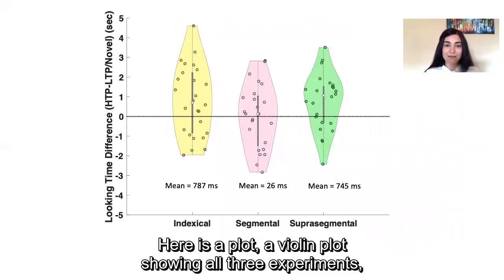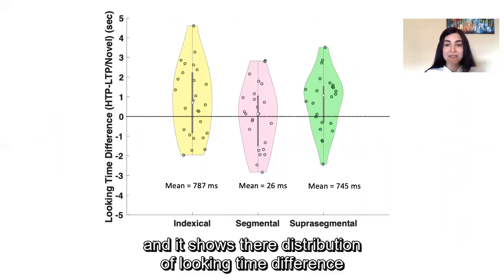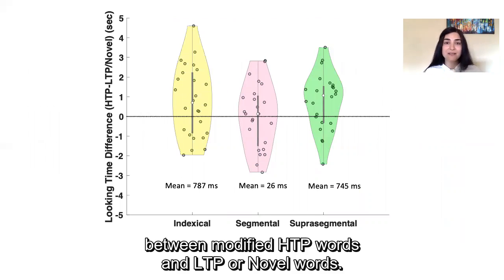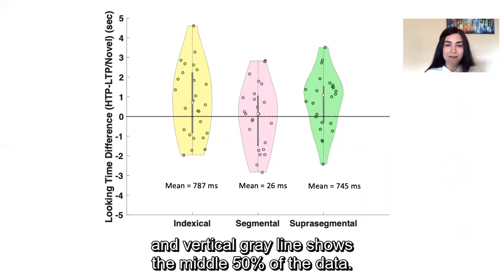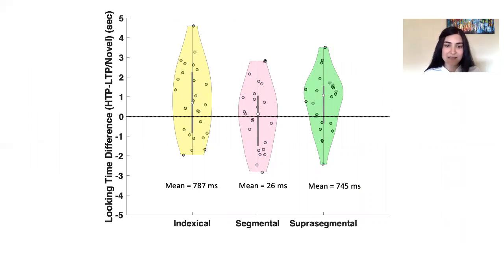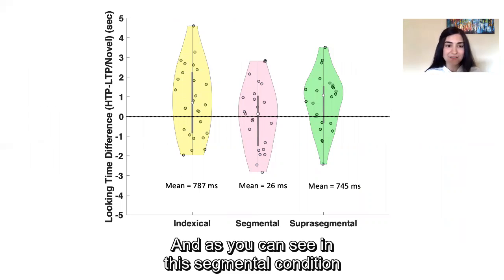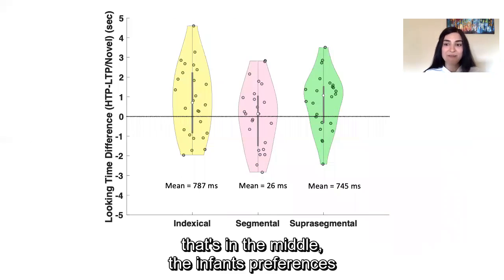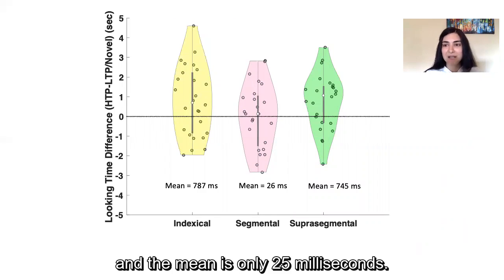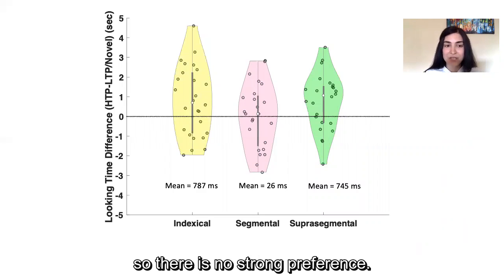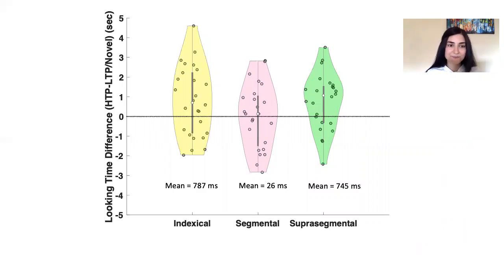Here is a violin plot showing all 3 experiments, and it shows the distribution of looking time difference between modified HTP words and LTP or novel words. The white dot shows the median, and the vertical gray line shows the middle 50% of the data. And as you can see in the segmental condition that's in the middle, the infants' preferences for test words are equally distributed, and the mean is only 25 milliseconds, so there is no strong preference.